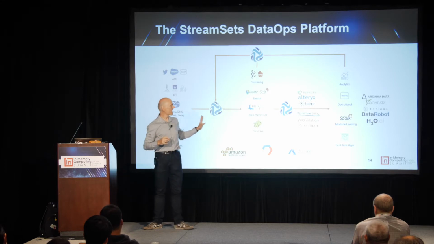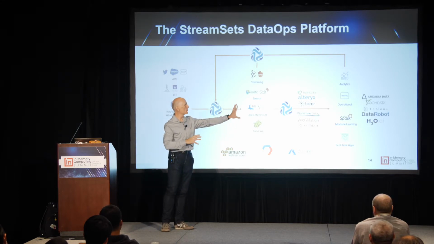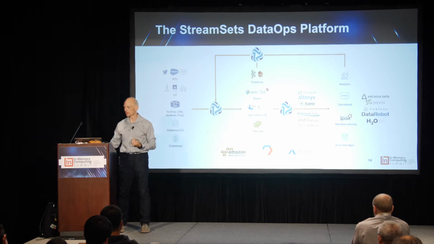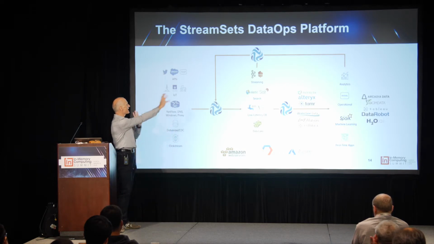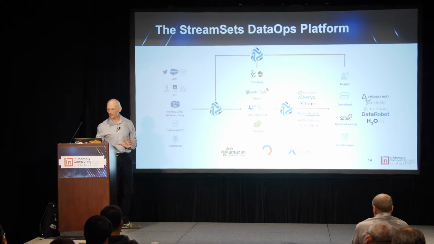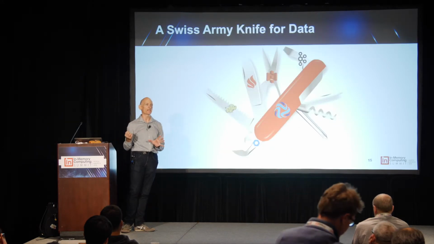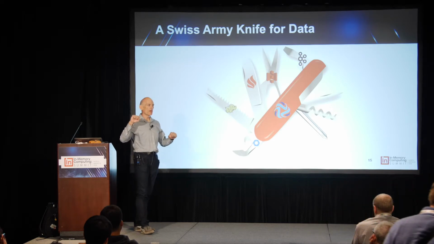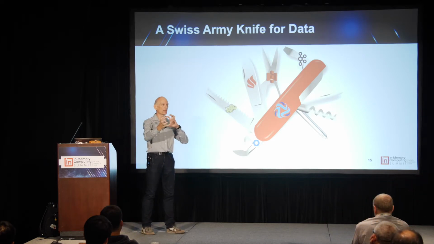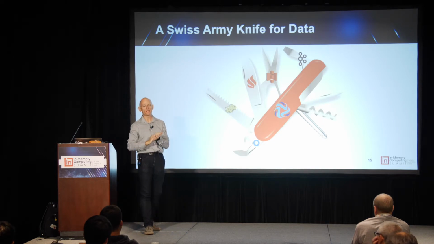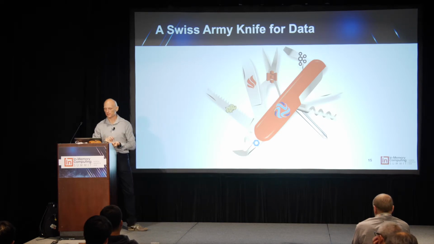And then, downstream, we're enabling a whole bunch of different analytical tools that operate on the data once it's there. So this is super enterprisey and complex. And the way I like to think about StreamSets is as a Swiss Army knife for data. We've got lots of connectors that let us plug into different kinds of data sources and destinations.